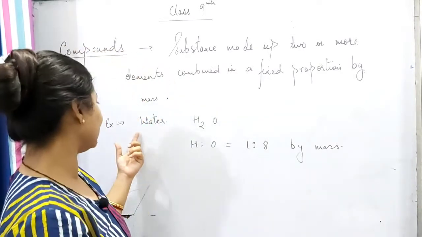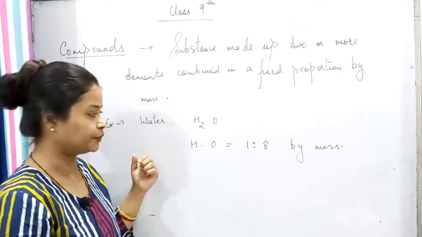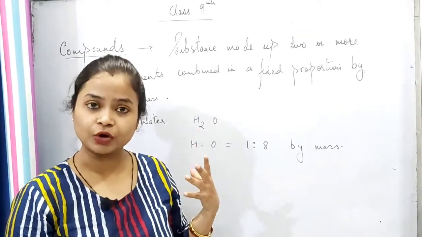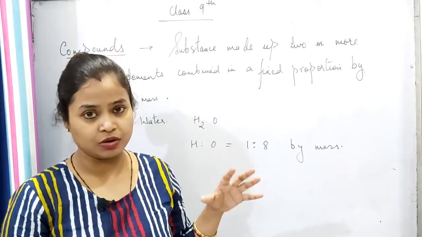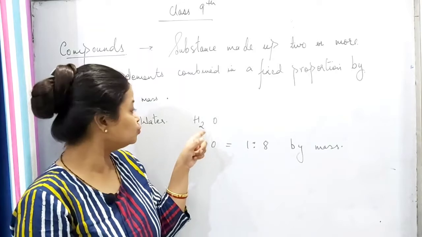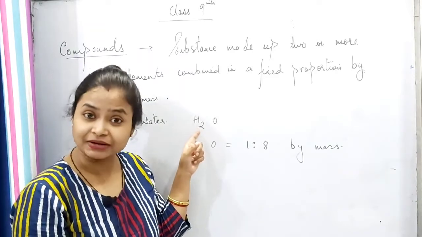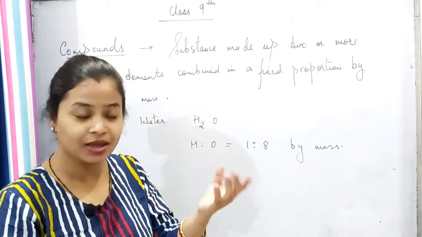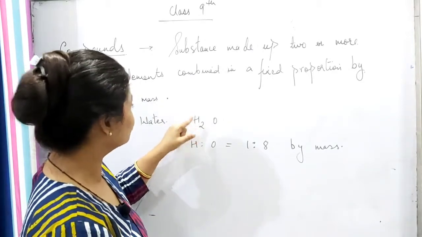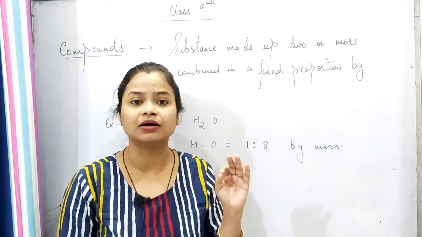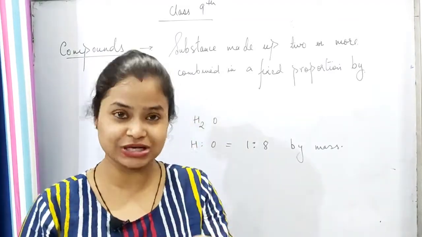I have written one example here. For example, water. We all know that the formula for water is H2O. Here you can see two hydrogen atoms. Hydrogen and oxygen are elements. H2 means two hydrogen atoms are combining with one oxygen atom.